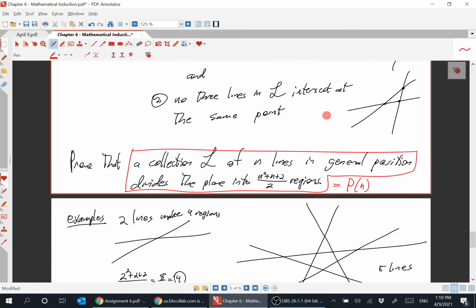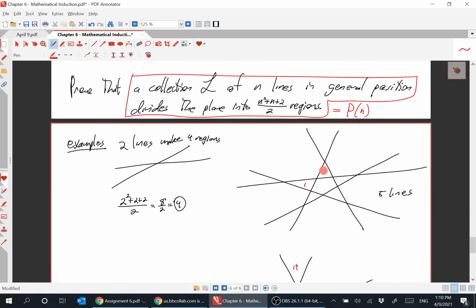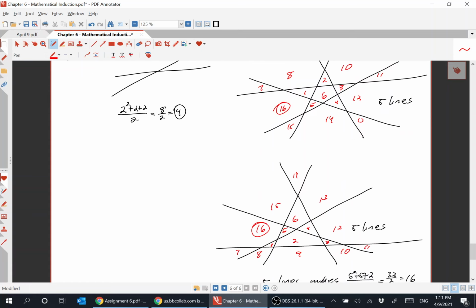How about here? 1, 2, 3, 4, 5, 6, 7, 8, 10, 11, 12, 13, 14, 15, 16. Always the same number of regions, despite the topological difference between the arrangements of lines, as long as stuff is in general position.